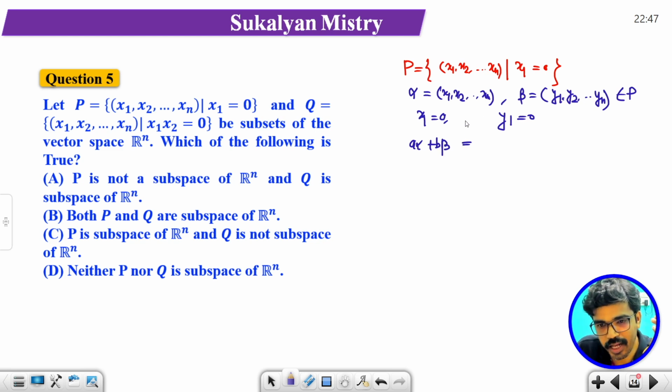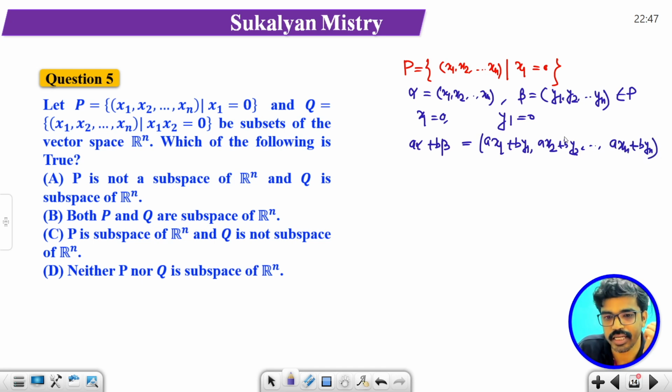So a alpha plus b beta, what do we get? That is ax1 plus by1, ax2 plus by2 dot কি হবে? axn plus byn, right?